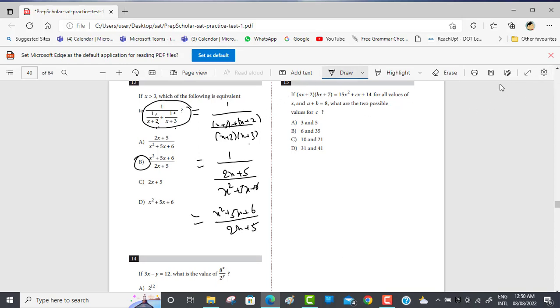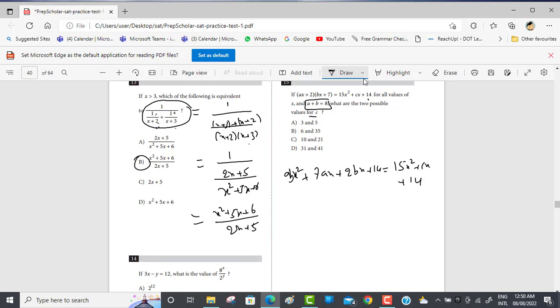I will solve number 15 before 14. We have a product of two factors equal to a certain quadratic polynomial. What is the value of c? We have a plus b equal to 8. If you expand the expression on the left, you will get abx squared plus 7ax plus 2bx plus 14 equals 15x squared plus cx plus 40.